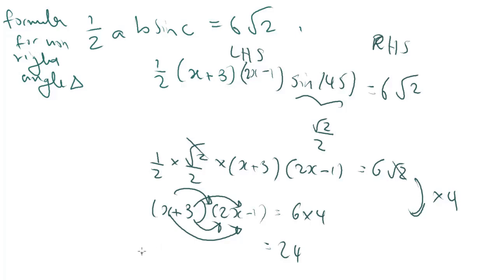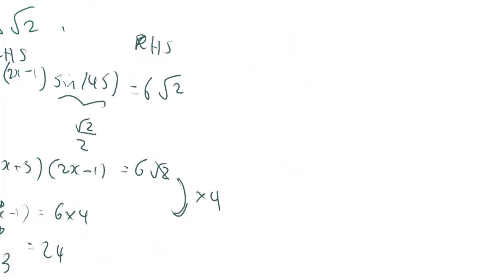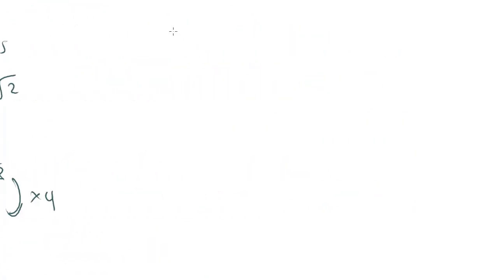So we have, expanding out, 2x squared minus x plus 6x minus 3 equals 24. And then let's bring it up here. And then we just simplify, so 2x squared plus 5x minus 27 equals 0.